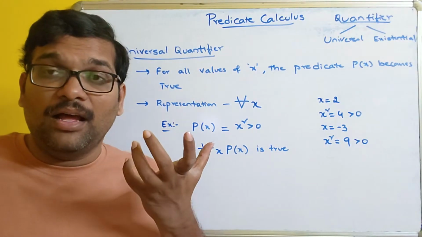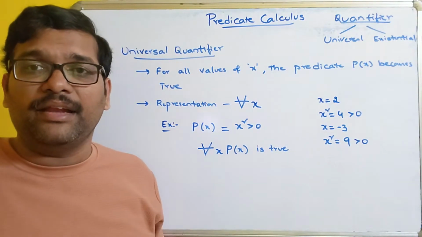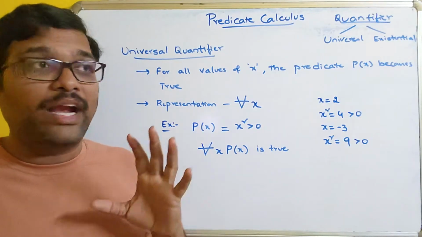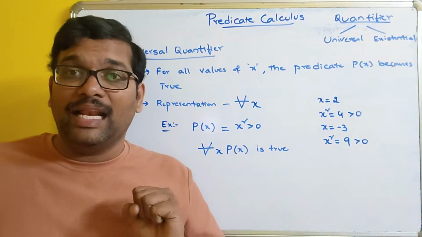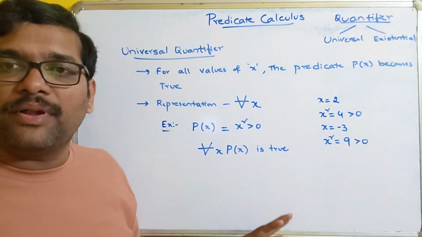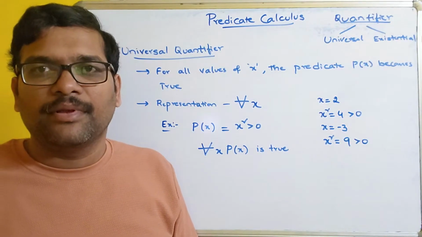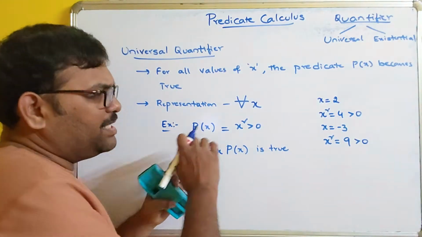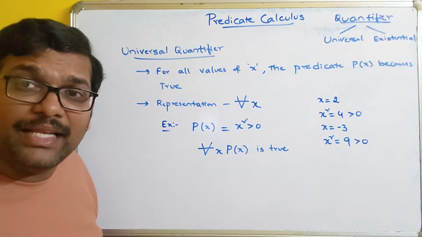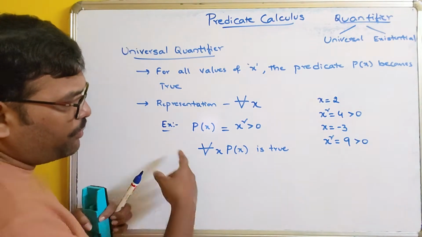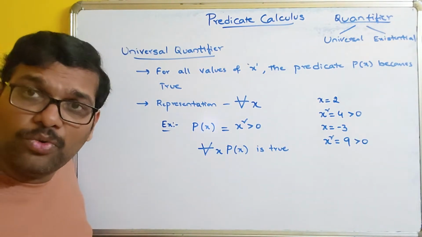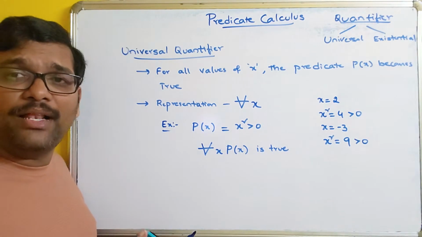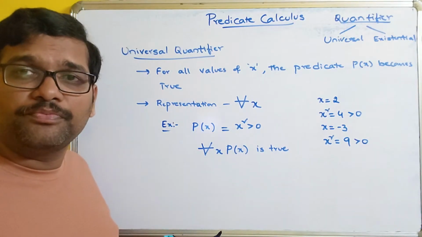That means the scope of the predicate. Once again, quantifiers are nothing but telling the scope for these predicates. Hope you understood this one. So always x square is greater than 0. So for all x, P of x will be true, because for any x value, this predicate becomes true.